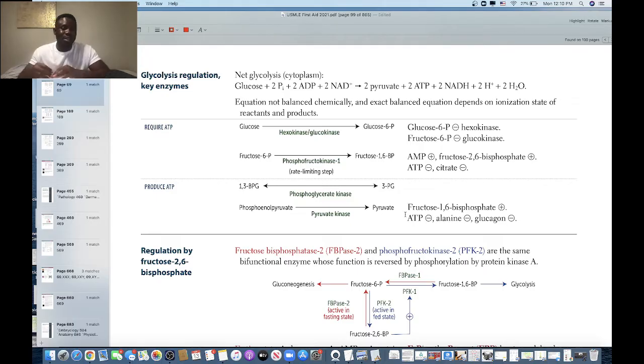We need those ones, but we don't need to understand all of them in detail, because most of them are not high yield. The high yield ones are those that are highly regulated. So the first one is the hexokinase and glucokinase, the very first step in the glycolysis pathway.